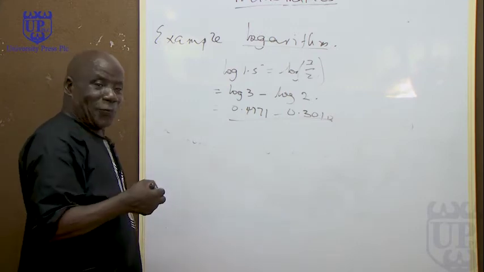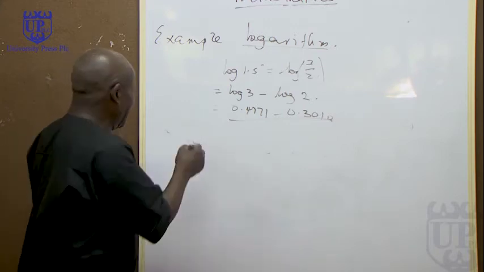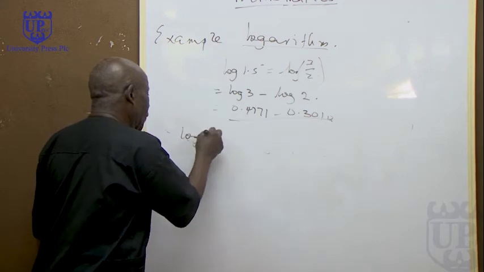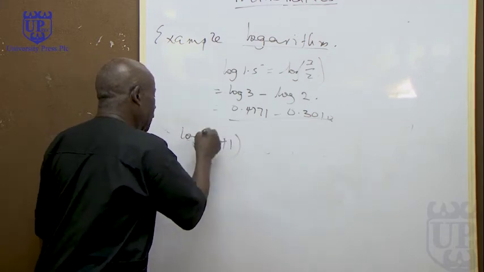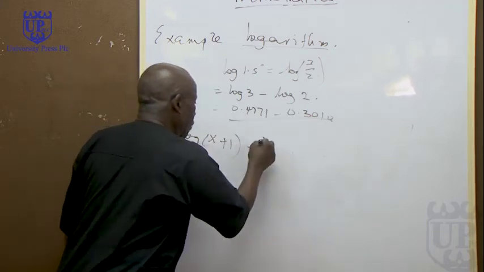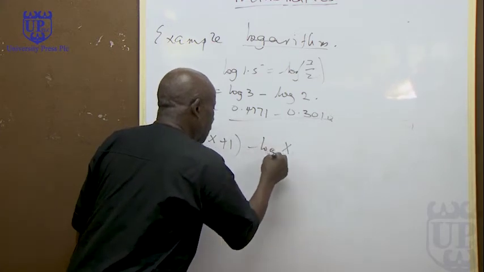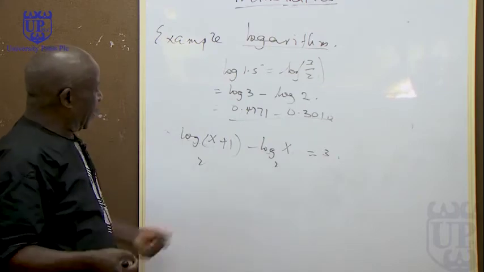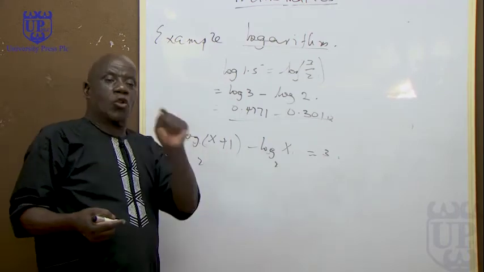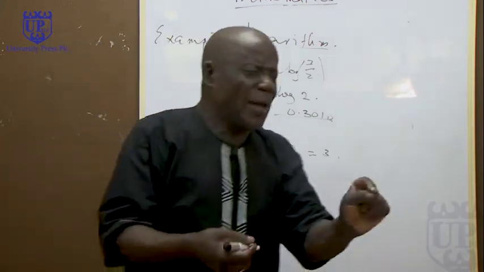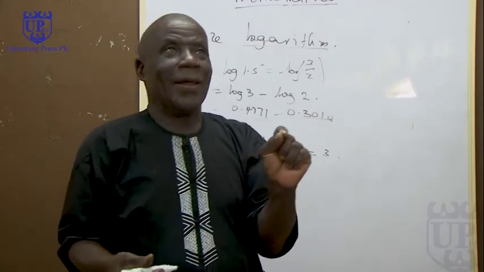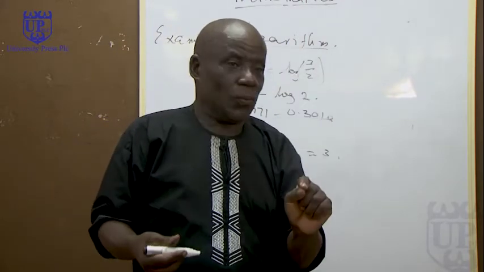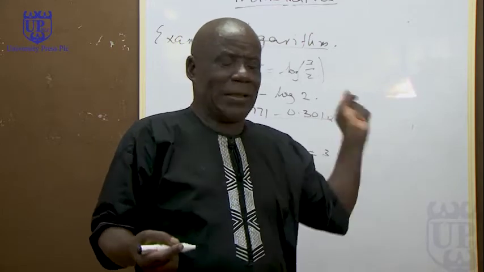Now, finally, before I say thank you, you have log of x plus 1 base 2 minus log of x base 2, and the question says it is equal to 3. Please, log 2 minus log 3 is not equal to log 2 minus 3. It's unlike ordinary arithmetic.